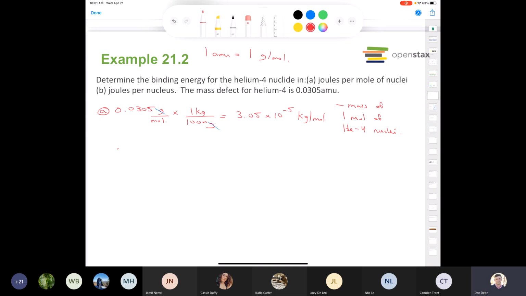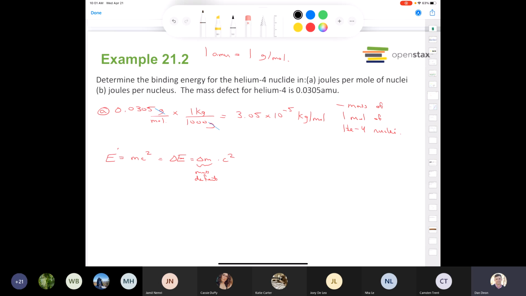Now, in order to determine the nuclear binding energy, we're going to use the formula E is equal to mc squared. Again, I called it delta E, which is the amount of energy we're going to get for our nuclear binding energy. It is equal to delta M, which again is the mass defect that we already calculated, multiplied by c squared.